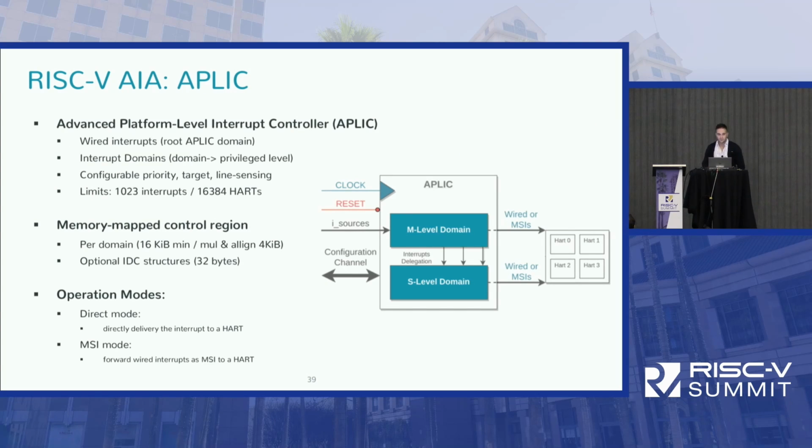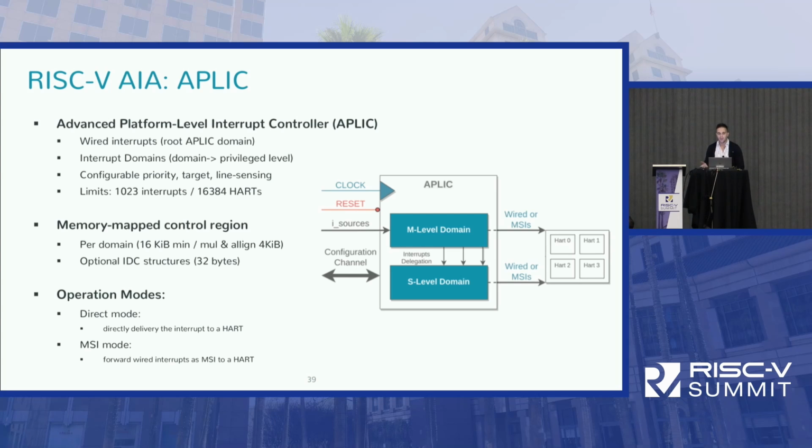In terms of components, the APLIC is the one responsible for handling wired interrupts, organized in terms of interrupt domains. One domain is associated with one privilege level, and you have the option to configure priority, target, and line sensing.